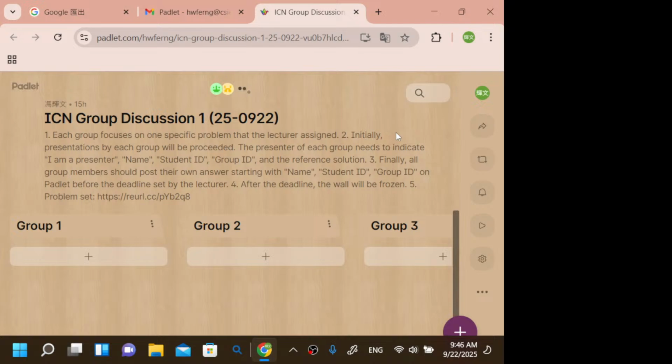So all of you should choose the presenter. Group one, who will be the presenter? Let me make sure, it's you, right? Okay, good. And group two, who will be the presenter? Choose one.